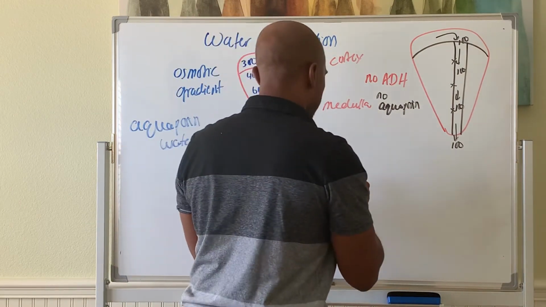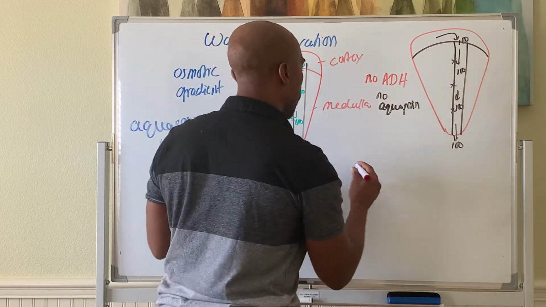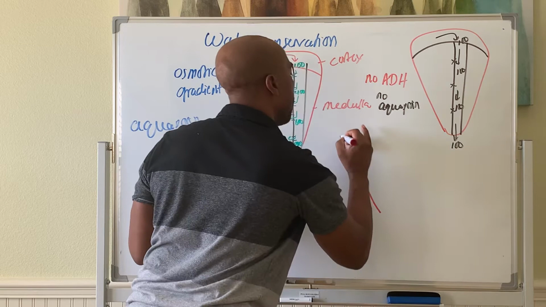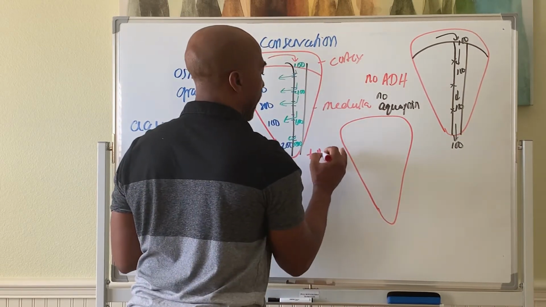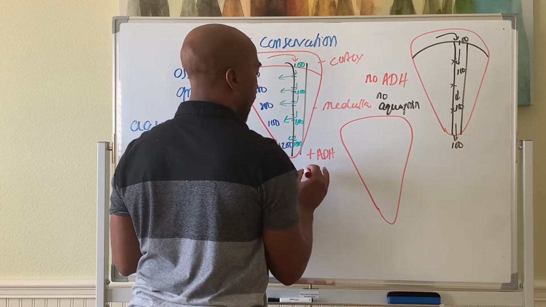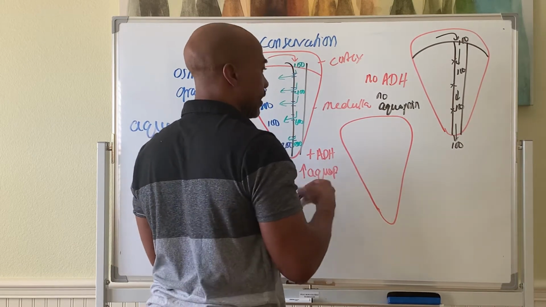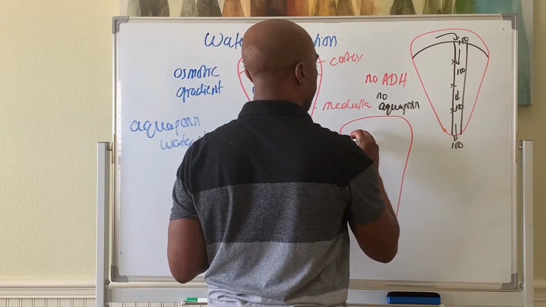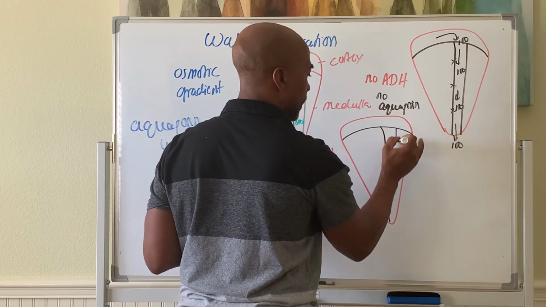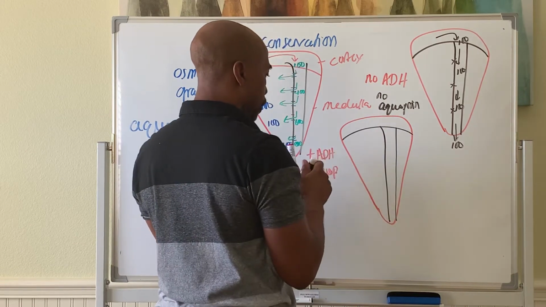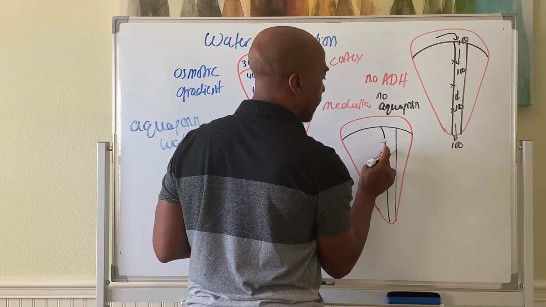This is one extreme; you're never that low. The other extreme is when you have a maximal amount of aquaporin around. When you have high amounts of ADH and high amounts of aquaporin, as the filtrate travels through the collecting duct, you have a bunch of aquaporin channels in the tubes.